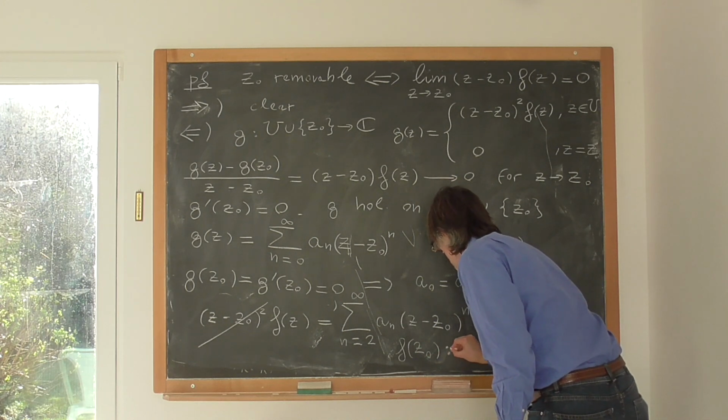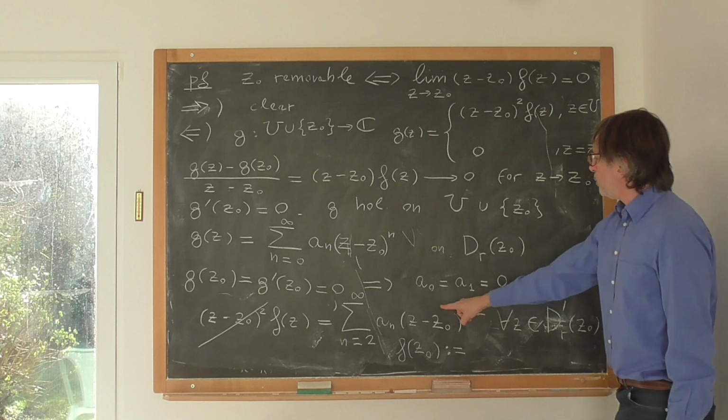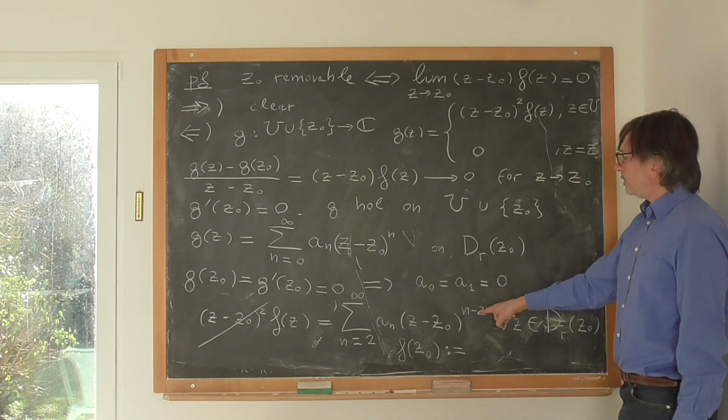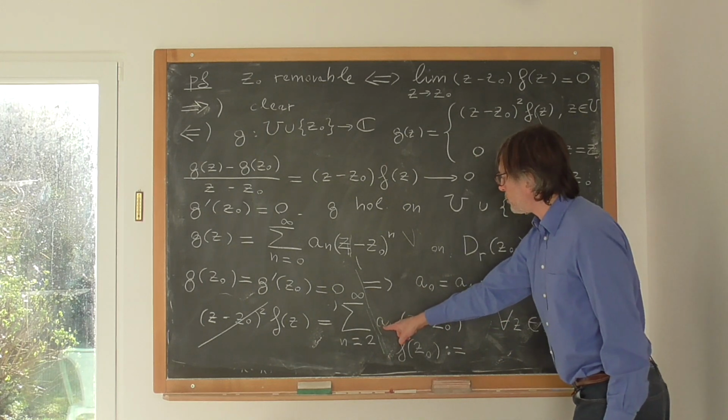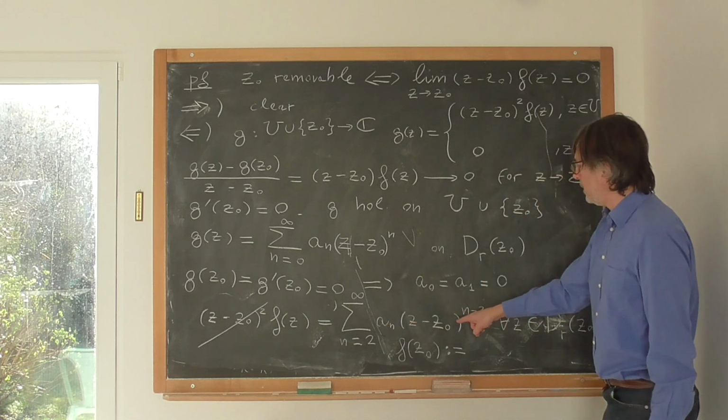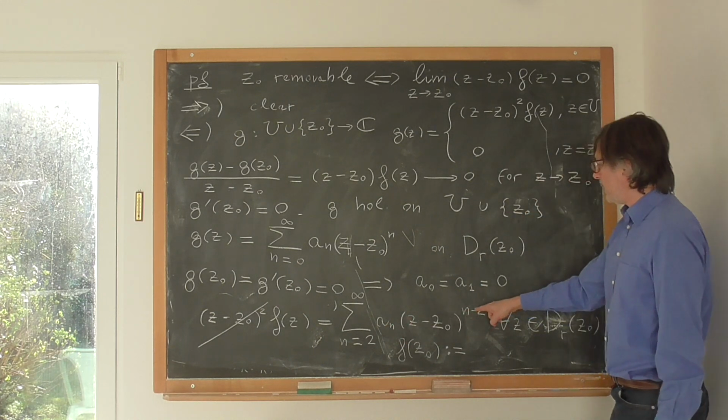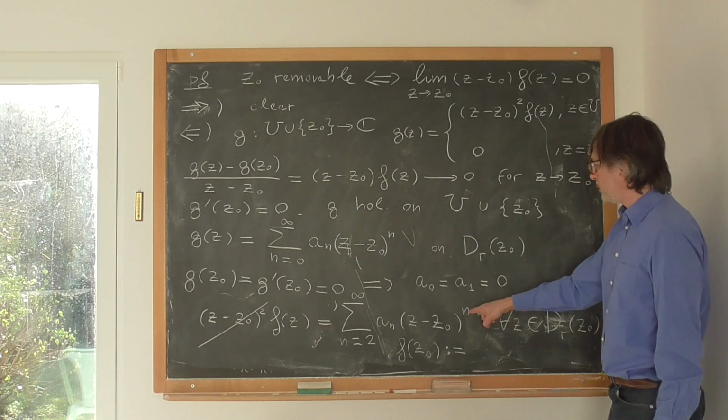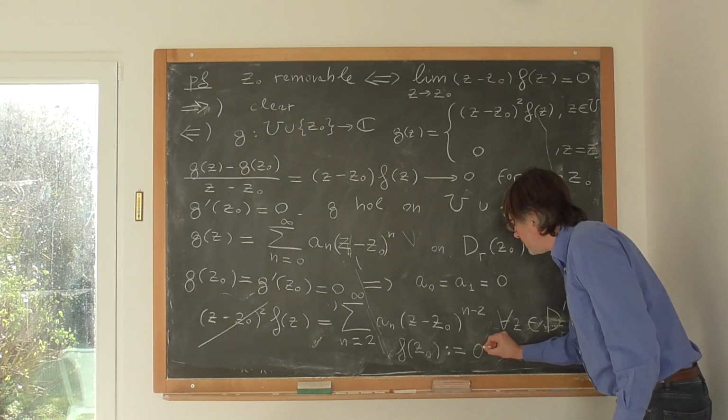The extension is obtained by setting f of z naught. We define it to be the coefficient in this power series of the term with degree 0, so exactly a2.